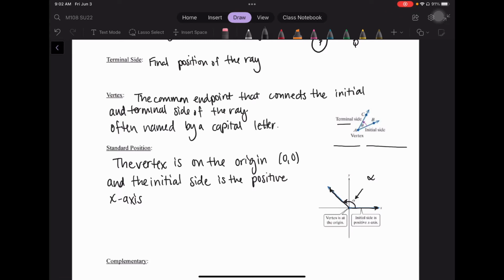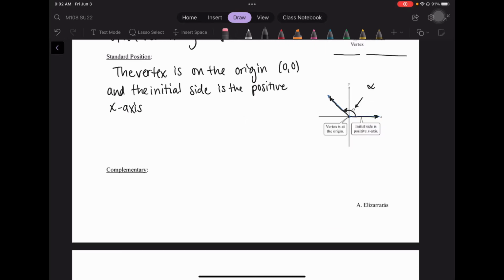Now, the measure of an angle quantifies the direction and the amount of rotation that you have when you're talking about an angle. So if you have a positive angle, that means it's going counterclockwise around the quadrants. And if you have a negative angle, that means it's going to be rotating clockwise.